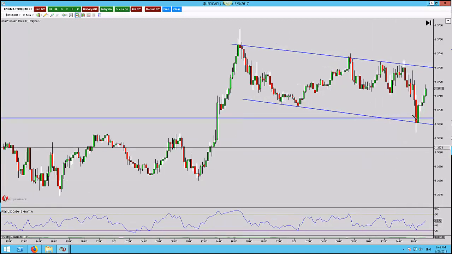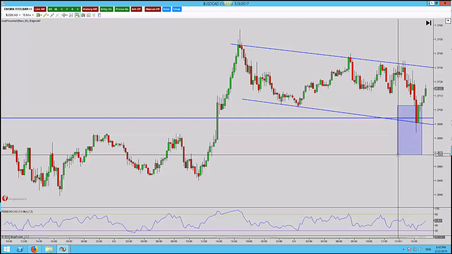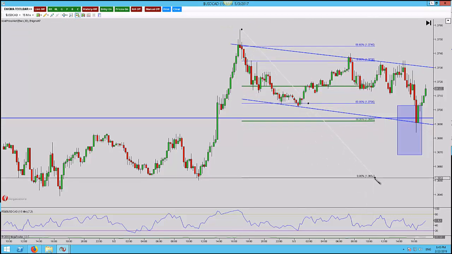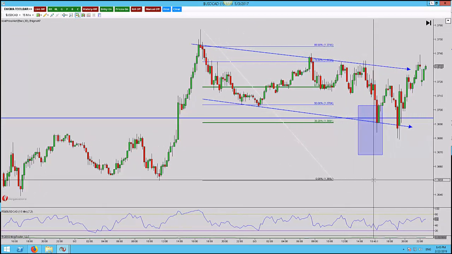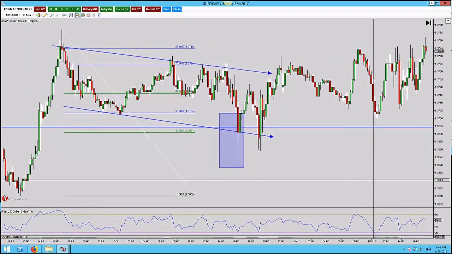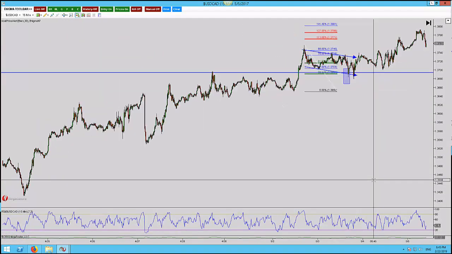I would have got my entry here actually once we'd seen that we'd held that structure level, and I would be playing for a 127 fib extension. So let's see if we get up to that level and hit it. Okay, there we go.